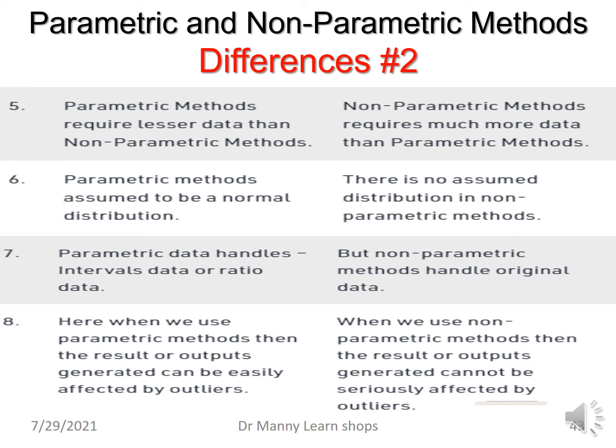Parametric methods assume a normal distribution. Non-parametric methods, there is no distribution assumed. Parametric handles interval and ratio data. Non-parametric handles ordinal data. Parametric assumes the results and outputs can be generated and can be easily affected by outliers. Non-parametric methods, the resultant outputs generated cannot be seriously affected by outliers.